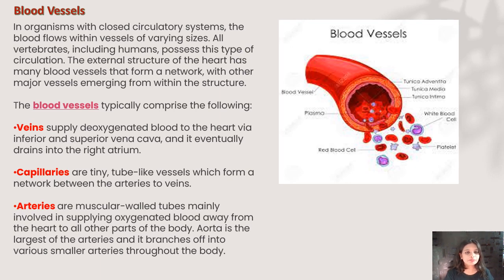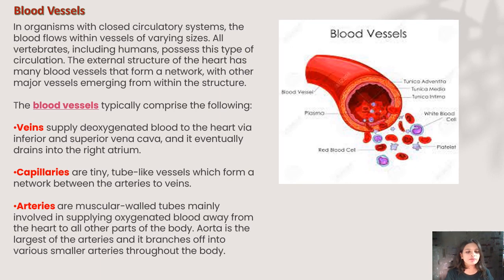The blood vessels typically comprise the following: the veins, capillaries, and arteries. Veins supply deoxygenated blood to the heart via the inferior and superior vena cava, and it eventually drains into the right atrium.